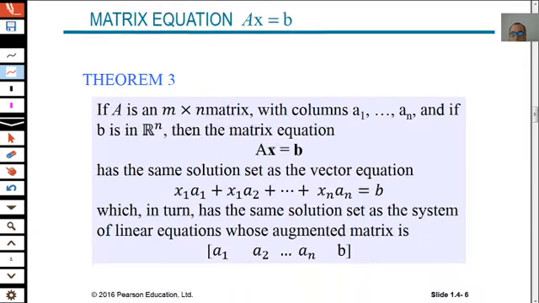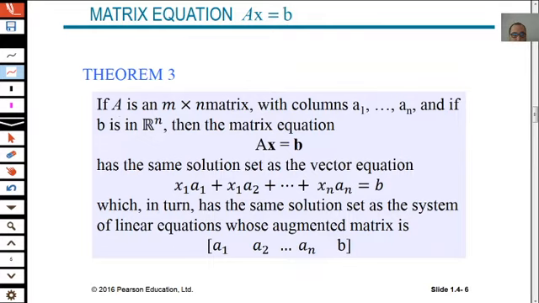And here we have an important theorem. If A is an m by n matrix with columns a1, ..., an, the matrix equation Ax = b has the same solution set as the vector equation, because they are equivalent to each other.